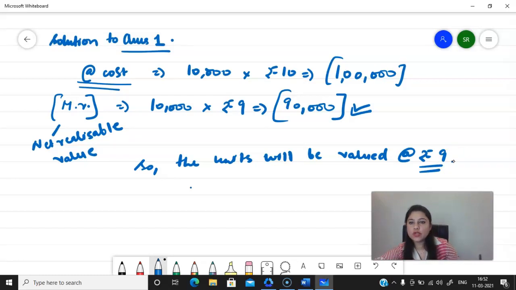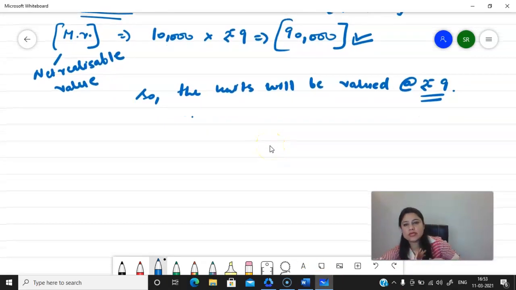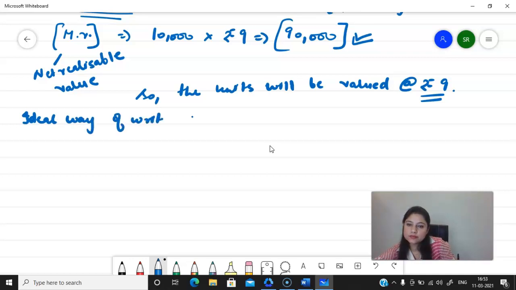This being the working of this particular question, how you will have to write it in a fair manner is that you can first show it in the working note and then write the proper answer, or you can first state the facts, then show the workings, and then write the answer. So the ideal way of writing the solution for a conceptual question would be as follows.